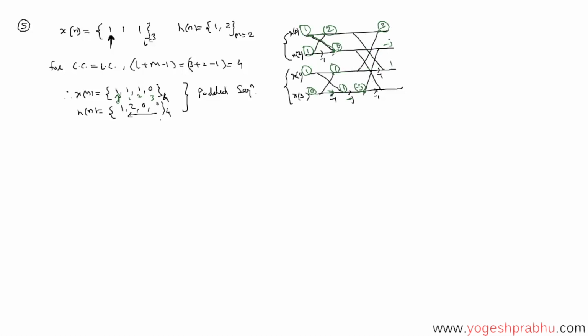And then 0 and negative j becomes positive j. And that's just positive j. And that's your answer: 3, negative j, 1, positive j.